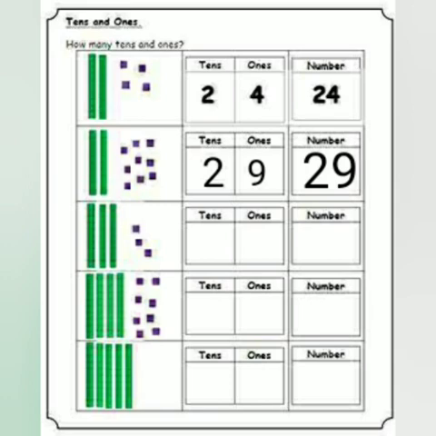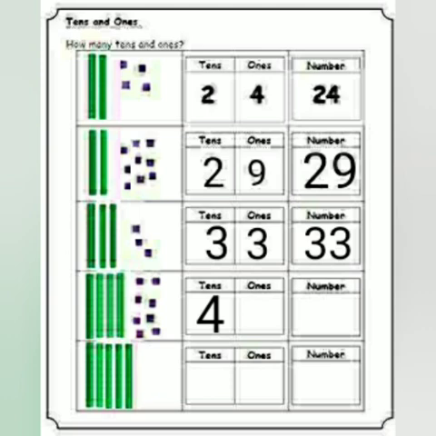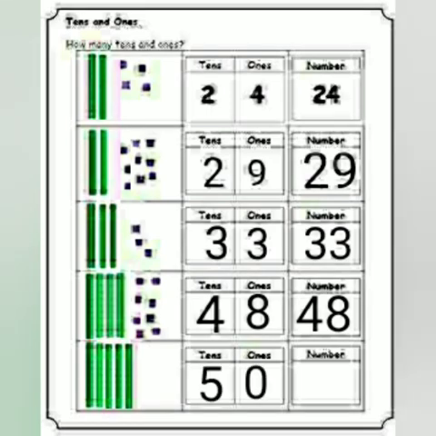And the next one. 3 tens and 3 ones make 33. 4 tens and 8 ones make 48. And then we have 5 tens and no ones, which make 50.